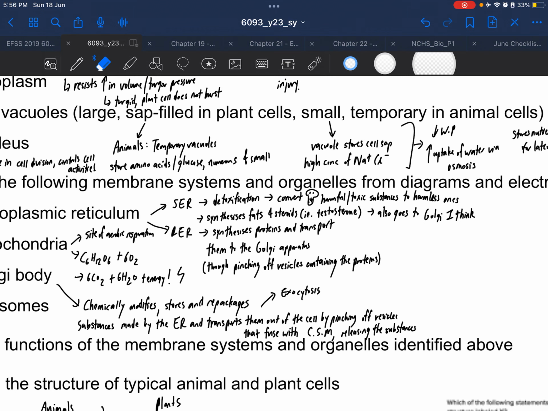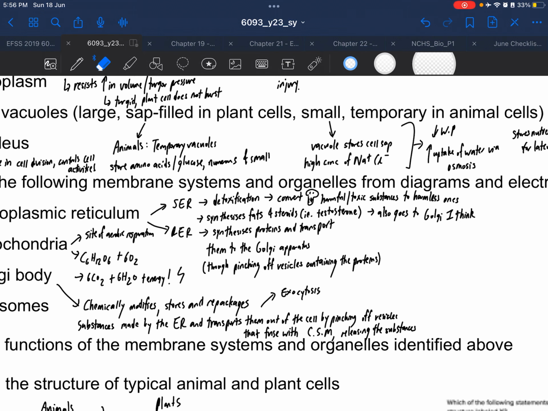And how I like to differentiate these two is the SER does not have any ribosomes. It looks really smooth, and the RER is quite rough. It has a lot of ribosomes attached to it. But I find that sometimes we're unable to differentiate between the SER as well as the Golgi body.